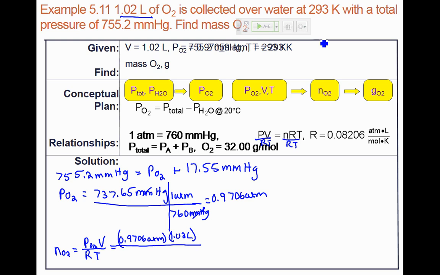Divided by R, times our temperature in Kelvin. Don't use that 20 degrees Celsius. So that's going to give us our moles of O2.